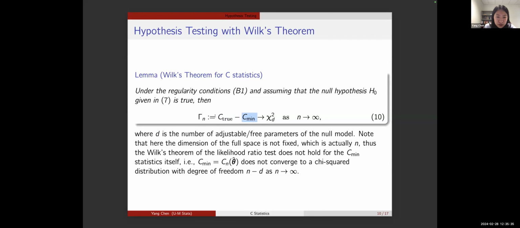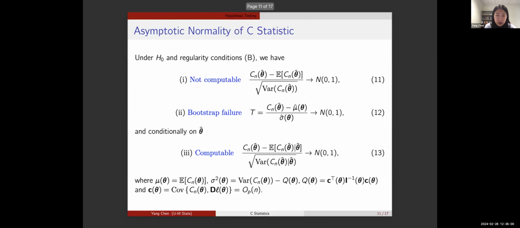Typically, people use these two interchangeably in the astronomy literature, but because of Wilks' theorem, we claim that you cannot use them the same way. So we want to derive the large sample asymptotics for this C mean instead of for C true, which is what the majority of the literature has been based on. So that's one gap that I want to point out.